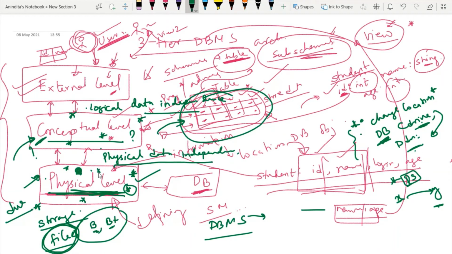Another kind of change we can expect at the physical level: whatever database we have created, we always have to fix some access mode of the database. Means who can access this database: user, administrator, or both. So if at the physical level we change the access level, say previously the database was only accessible by the administrator, and now I want to change the mode of access to both, means this database will be accessible by the user as well as the administrator.